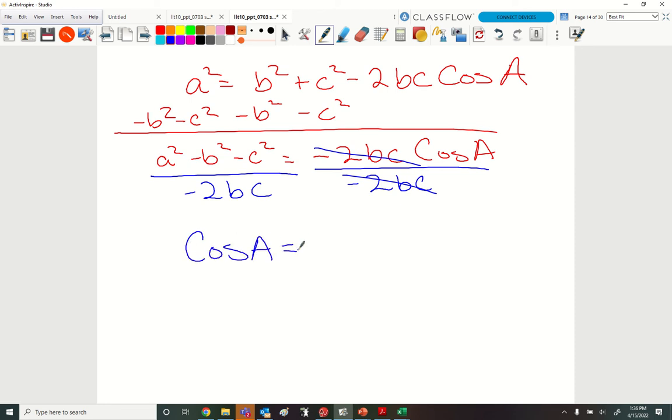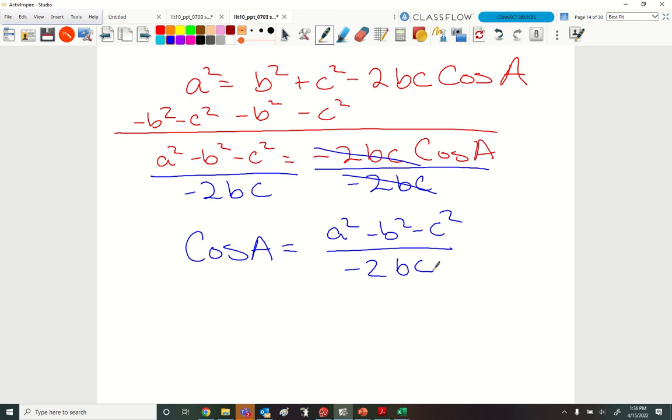So cosine of A is equal to, flipping it around, a squared minus b squared minus c squared all over negative 2bc. I'm manipulating my formula right now, just changing it to make it into what I need. I'm trying to get the big A by itself.